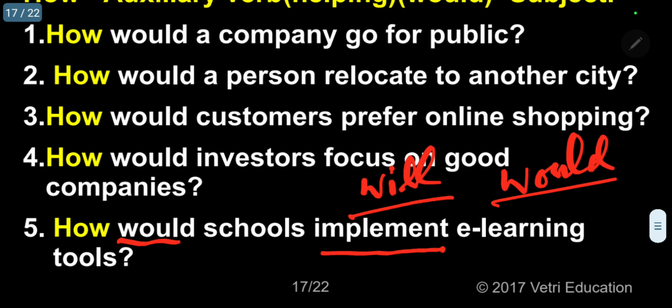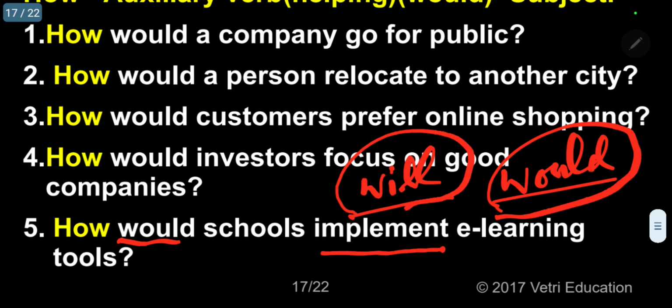Any action is going to take place in future. If that future is very near, within a few seconds, use would. If the future is in a long duration, use will. For example, I will eat within few minutes.